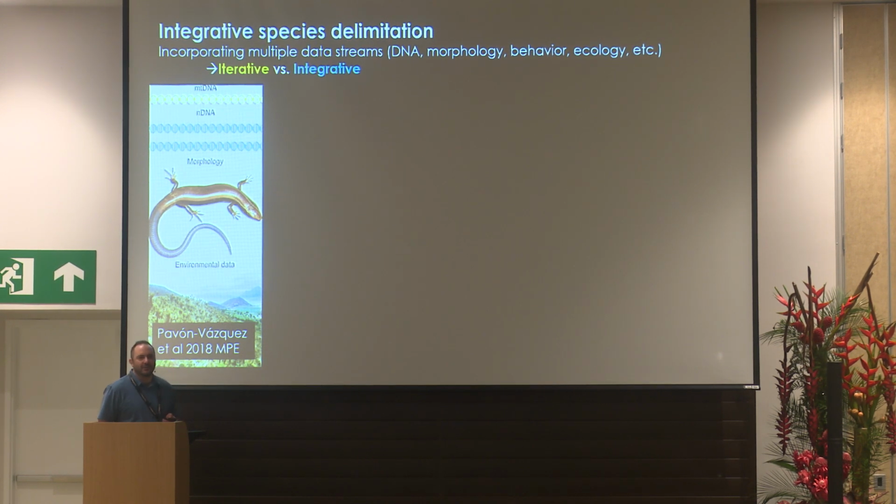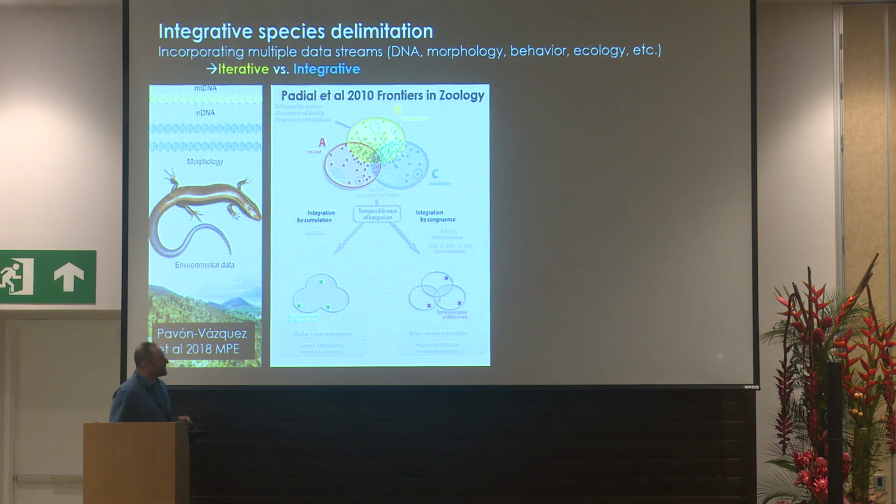And we can make a further distinction between what's called iterative species delimitation and what I would call truly integrative species delimitation. If you do a Google search for integrative taxonomy or integrative species delimitation, you come up with thousands of hits. So it's very popular. People are coming around to the idea that having multiple sources of data is generally a good thing in taxonomy.